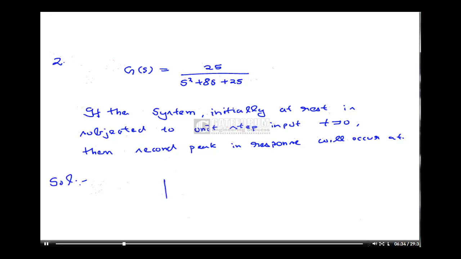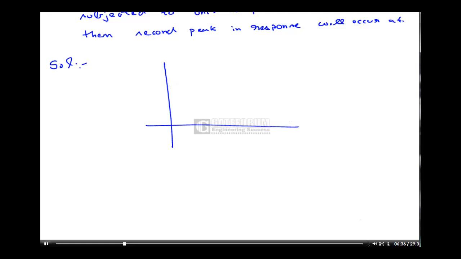See, the output of this is going to come something like this. Okay, we have to find, this is my first peak, this is my second peak. This time I have to find t second peak.